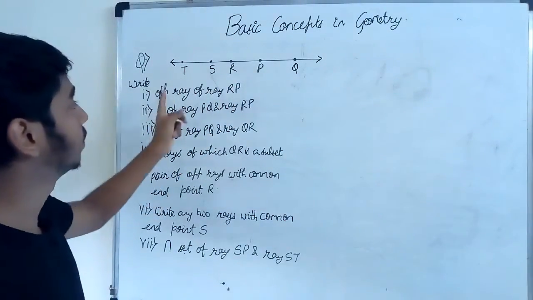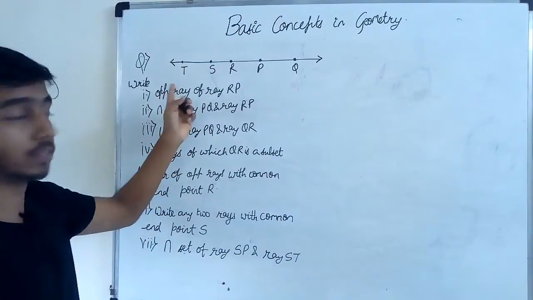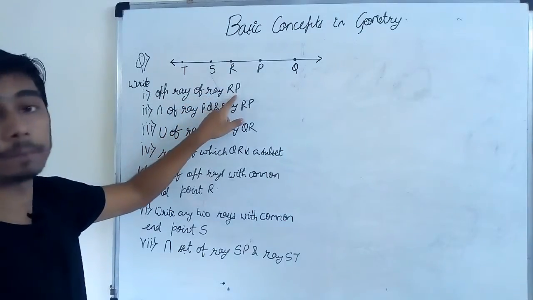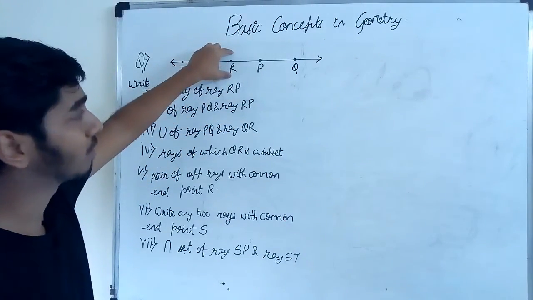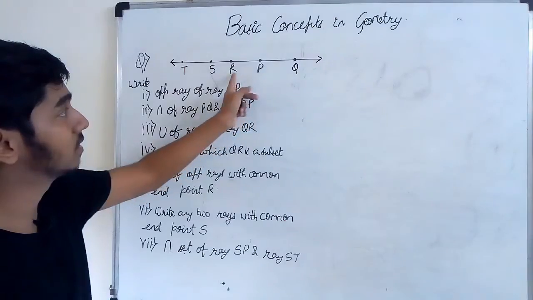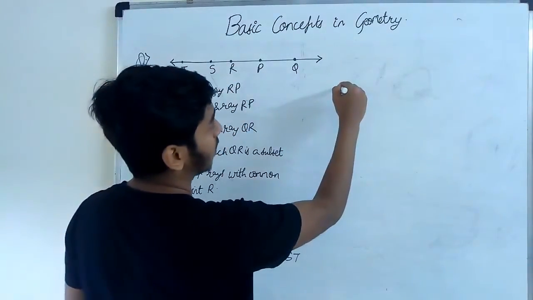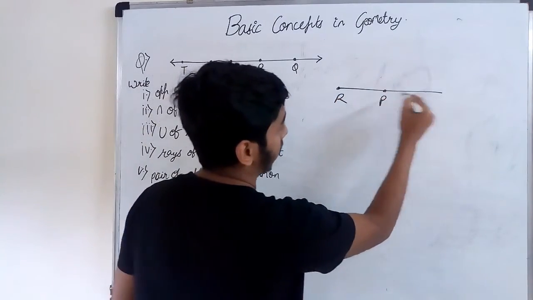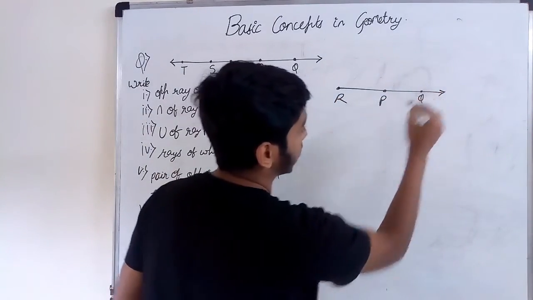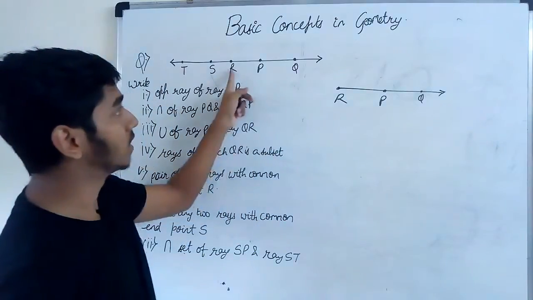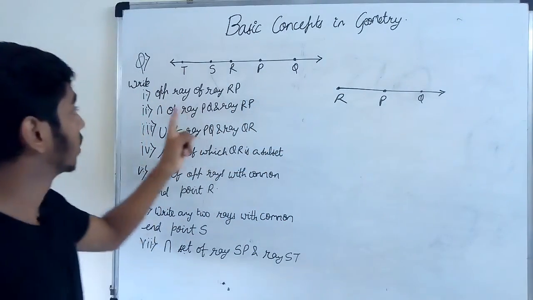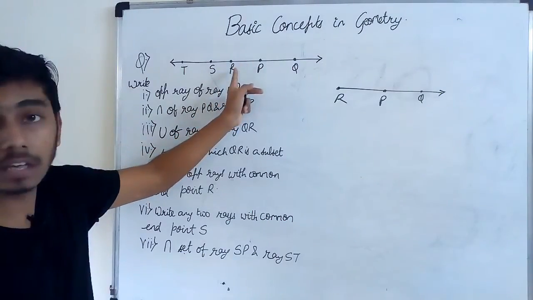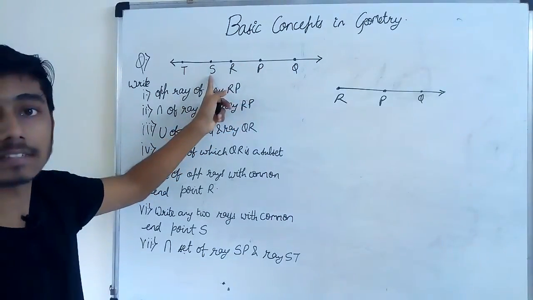Okay. Now opposite ray, the first one which says opposite ray, so we have to write opposite ray of ray RP. So ray RP first of all is this, see RP, so ray RP is this, correct? Now what are we supposed to find? Opposite ray of ray RP, so opposite of RP will be what? RS, correct?